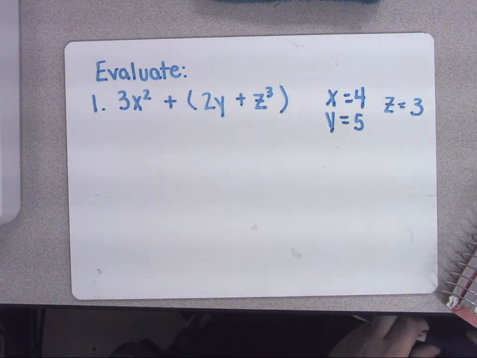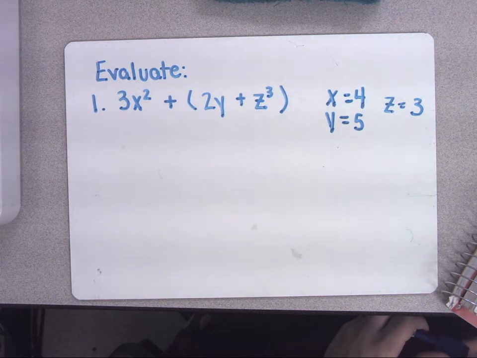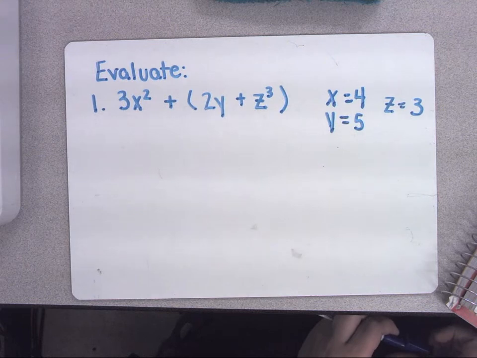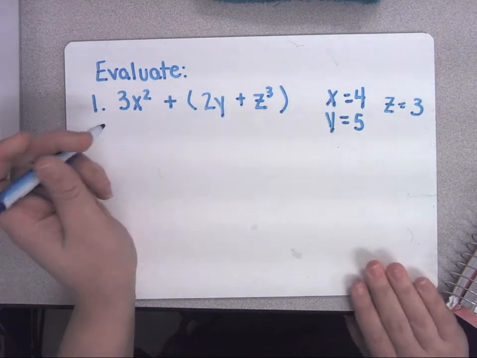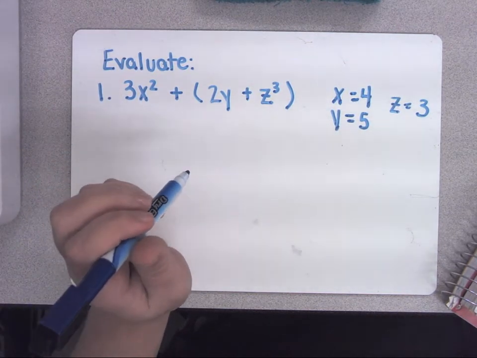So what are we going to do with the 4, the 5, and the 3? What's that word called when we put something in for something else? It's a math word. Yes, Jacoby? Substitution. Sticker for Jacoby for today. So we're going to substitute things in. When we substitute a number in, what do we put around that number?